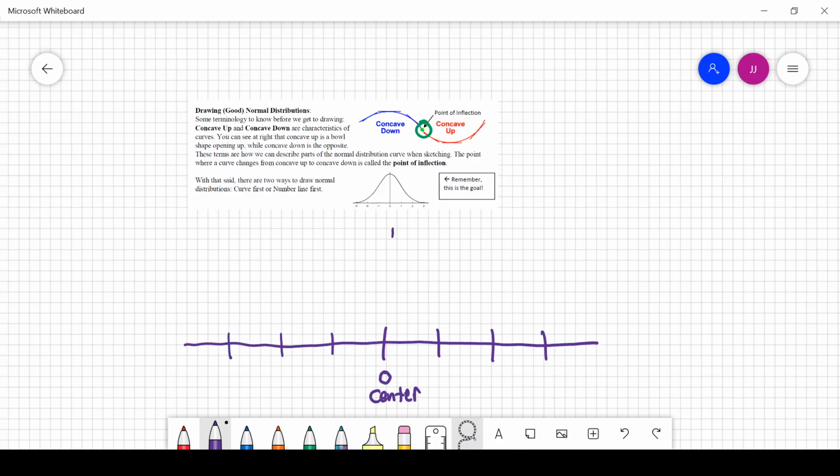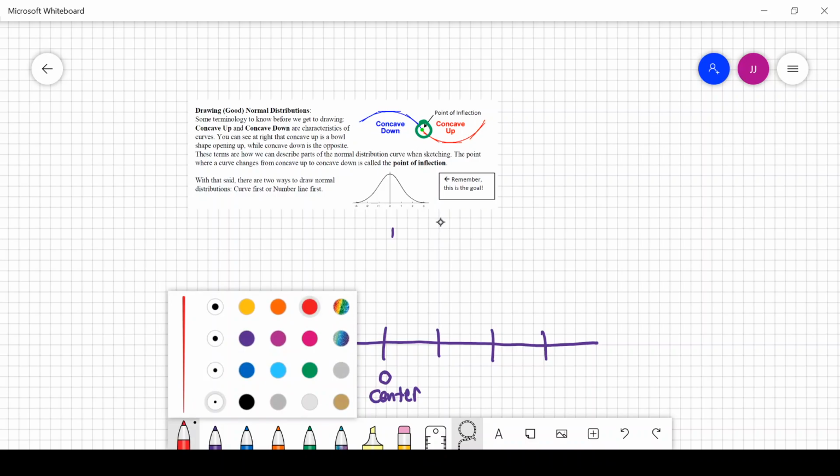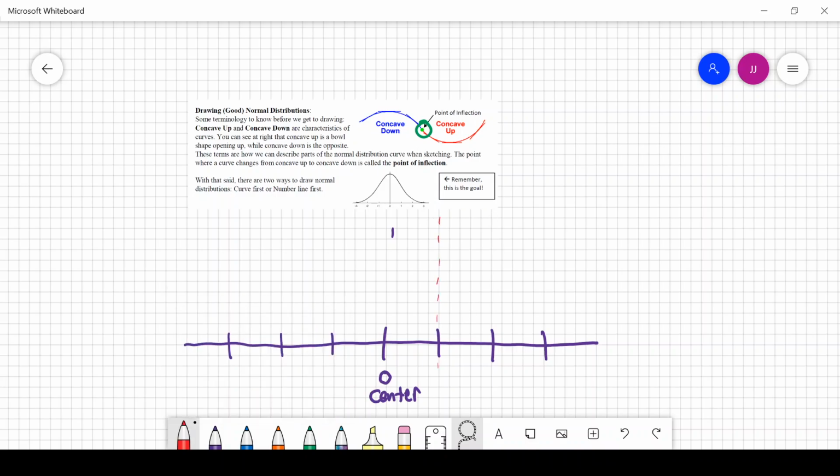Okay, what you want to now do is envision light grid lines, and then our horizontal line. So you can make a box, because not all of us are great artists, but having a framework lets us decide where we're going to start our curve.